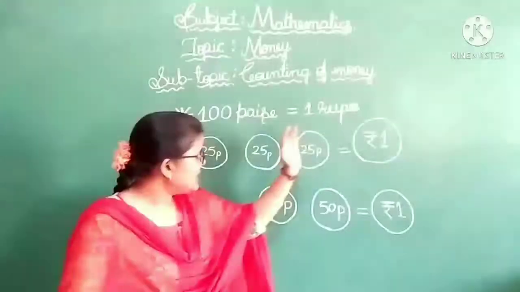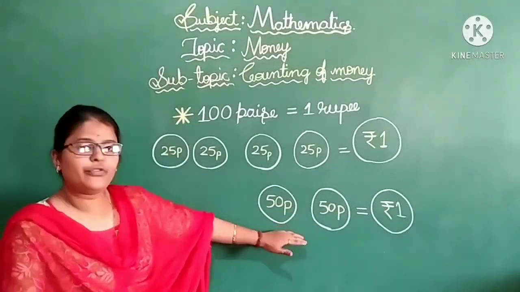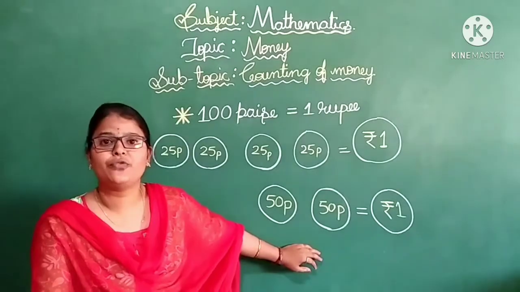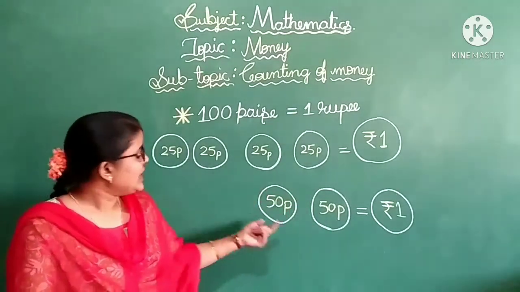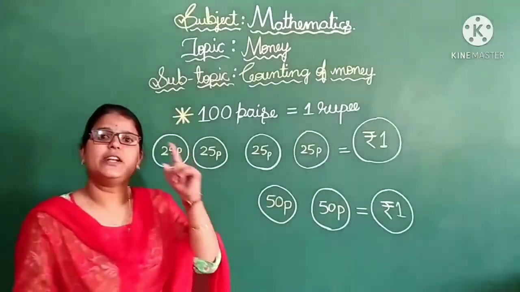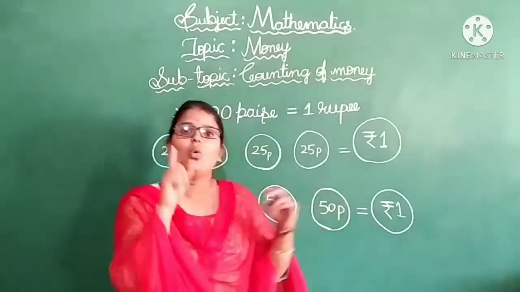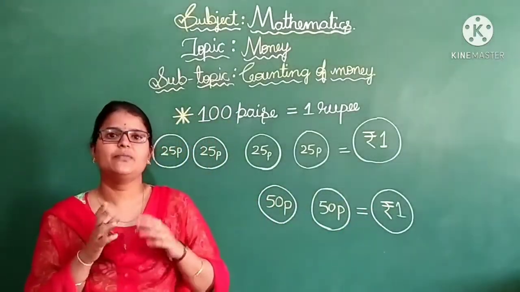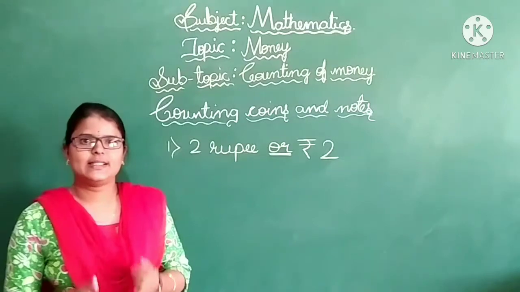Next, it is 50 paise, not 50 rupees. If we add 50 paise two times, we will get 1 rupee. Okay, dear children?